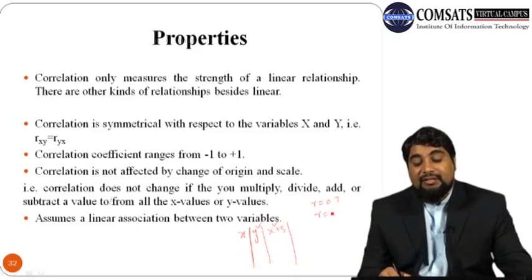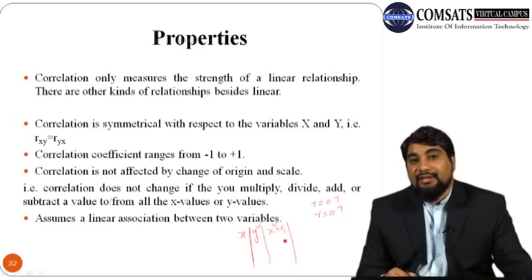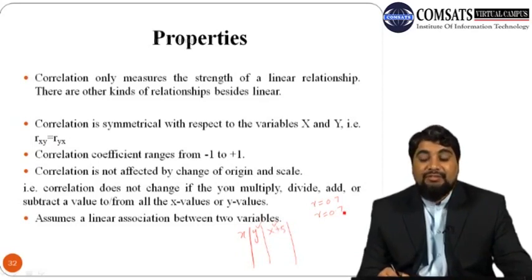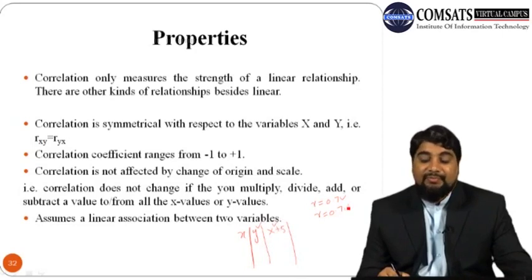This will remain the same at 0.7. So by adding this positive 5 to the x values, it does not affect the value of correlation. Previously the correlation between x and y was 0.7, and after adding the number 5 it is still 0.7. So adding a constant does not affect the value of correlation.